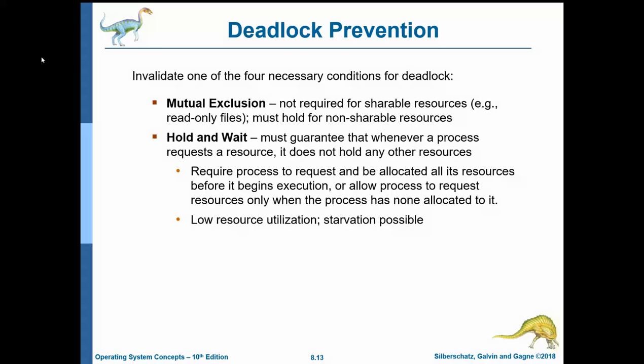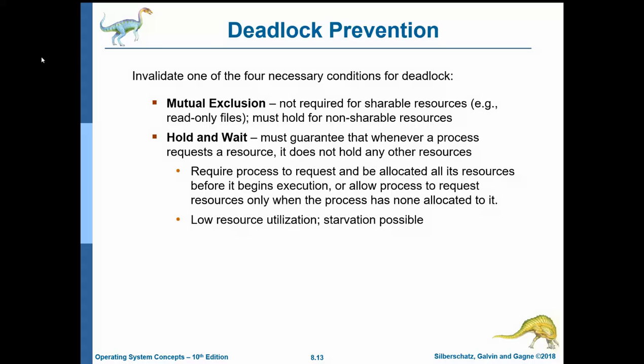Atau kita akan allow the process to request resources only when the process has none allocated to it. Kita akan benarkan proses untuk request resources bila proses tak ada allocate mana-mana resources. This is to ensure that you have a low resource utilization and starvation is possible.